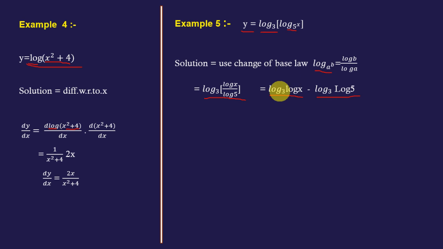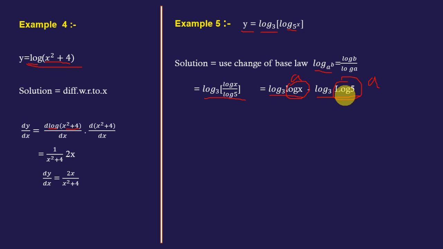Then again, this log 3 is at the base, and the rest, the log x term, is there. Consider this term as some constant a, and this log 5 term as some constant b. What is the simplification of log 3 raised to a? Log a to the base 3 is log a upon log 3, and a means log x, so log of log x divided by log 3.